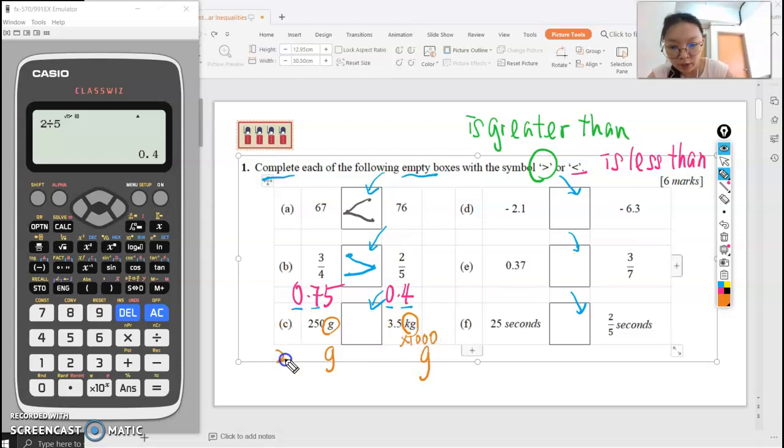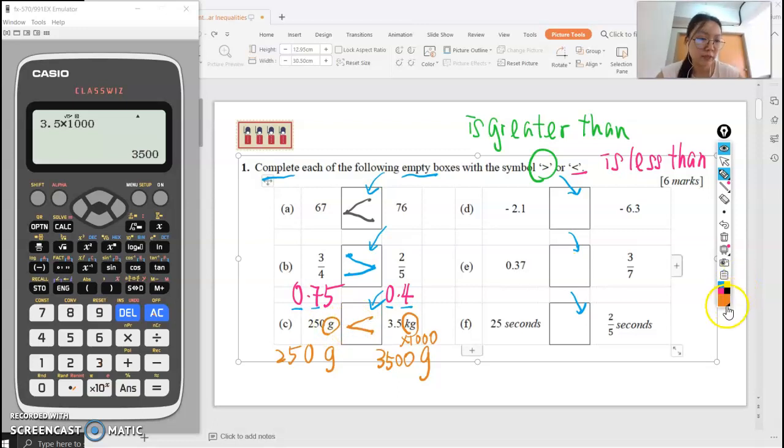So I have 250 still here. 3.5 乘以1000, you get 3,500. So you put down here 3,500. 哪一个比较大？3500比较大。So 2 dots, 250比较小 1 dot, and this is less than.